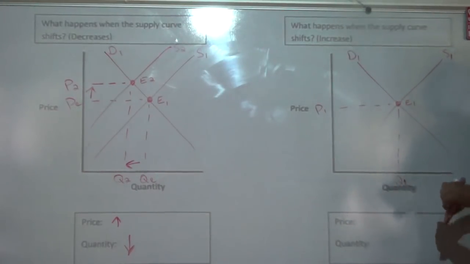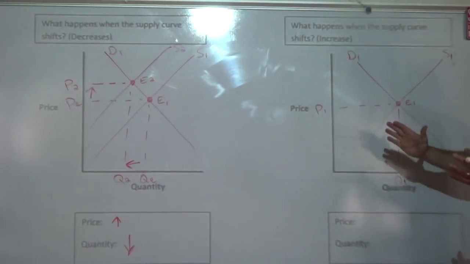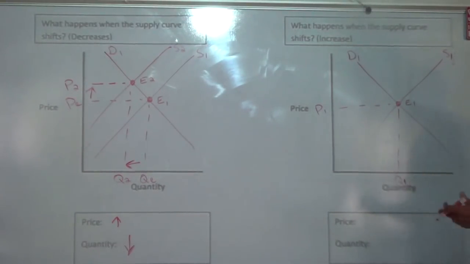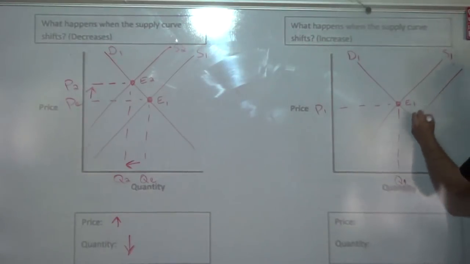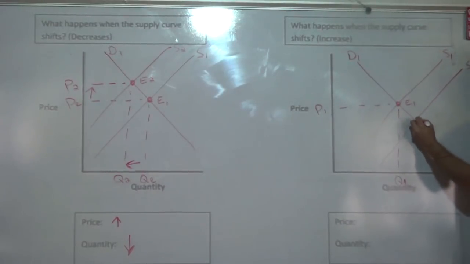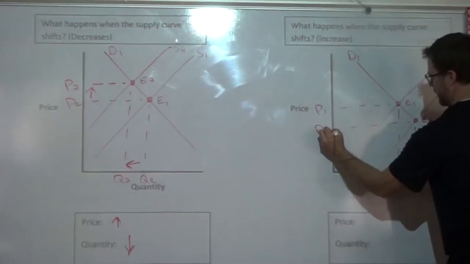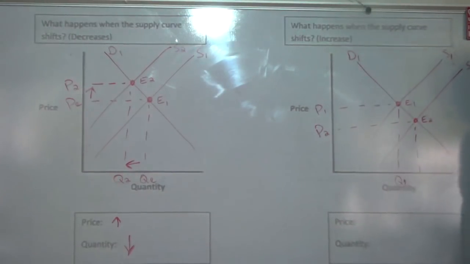So let's think of iPads or tablets. Over the years, we had an increase in the number of firms that produce them, increasing the supply of this particular product. So our supply curve shifts to the right with an increase. We have a new point of equilibrium, a new point for price.